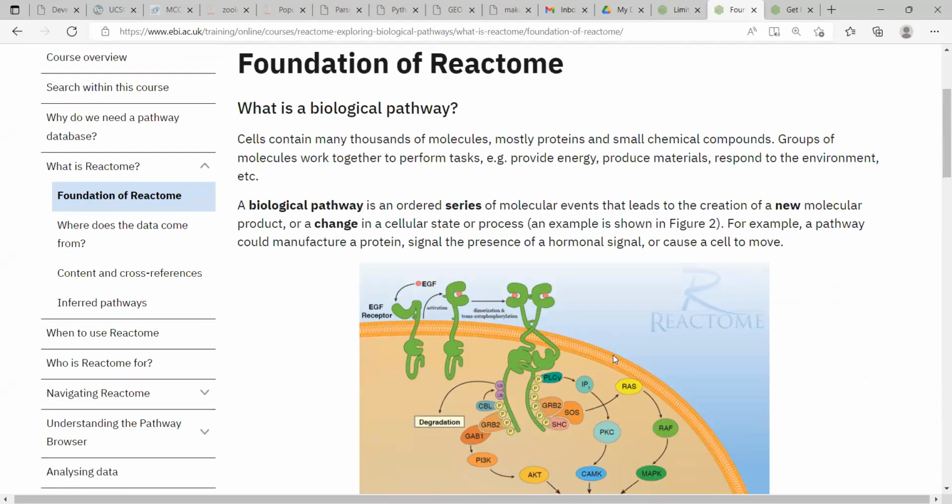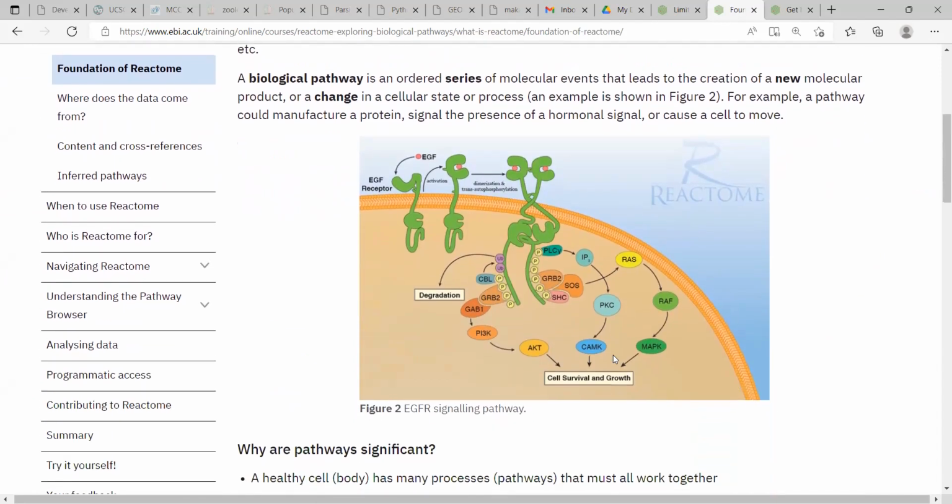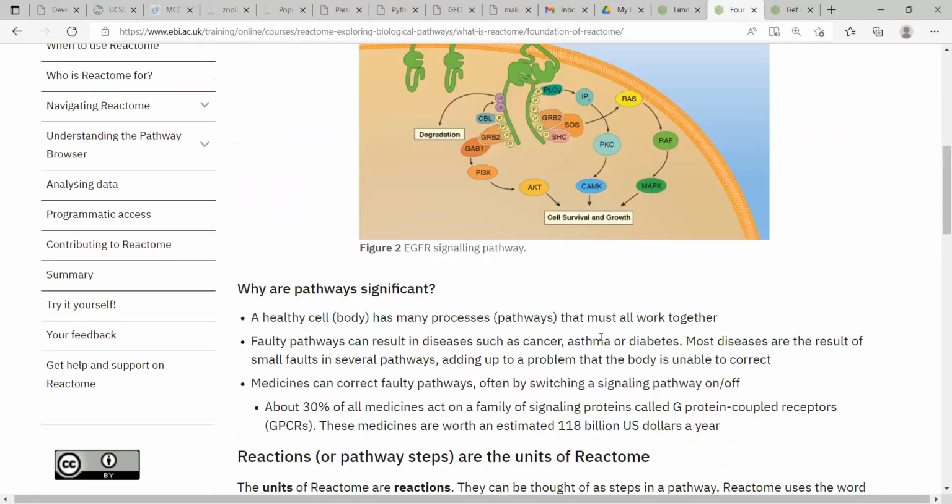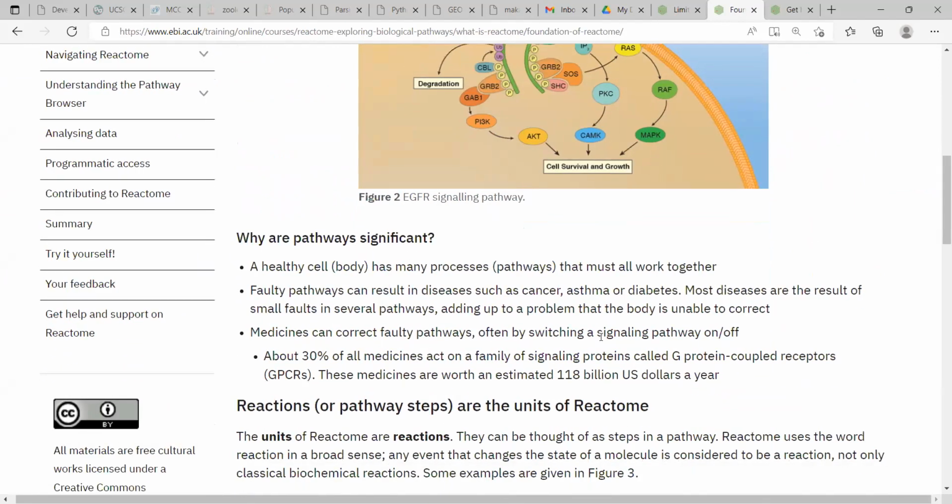These are very common to you: what is a biological pathway, how it looks, and why pathways are significant from the biological perspective. These are all known to you. We can compare the healthy cell versus the disease cell, and we can compare the biological pathways in that way.